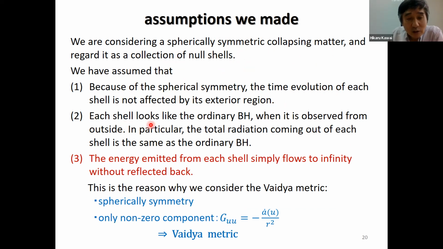And each shell looks like the ordinary black hole when it is observed from outside. In particular, the total radiation coming out of each shell is the same as the ordinary black hole. And also we assume the energy emitted from each shell simply flows to infinity without being reflected back. So this is the reason why we consider the Weiser metric.